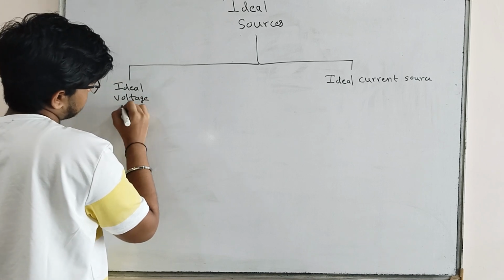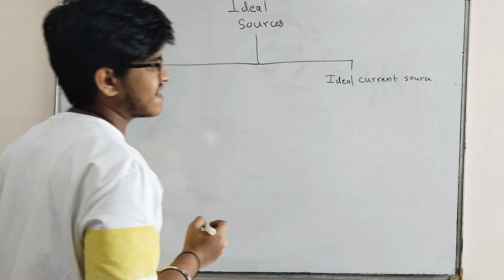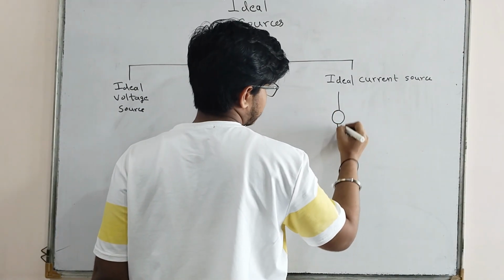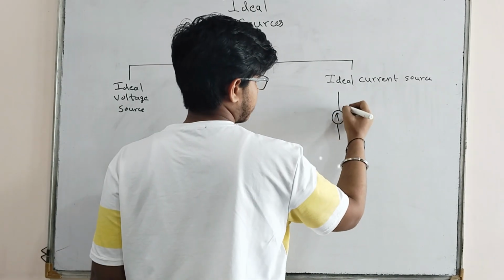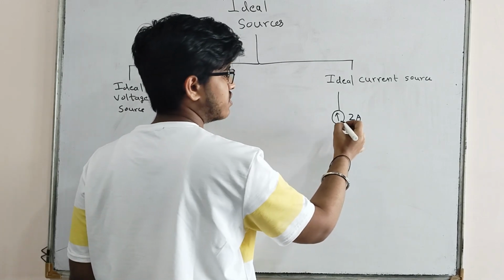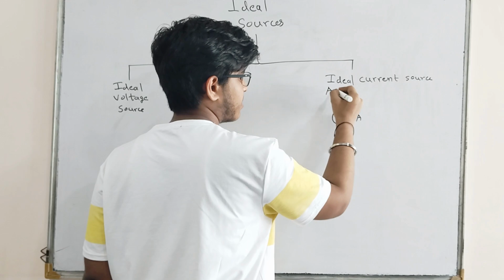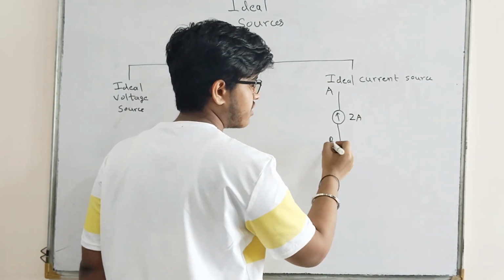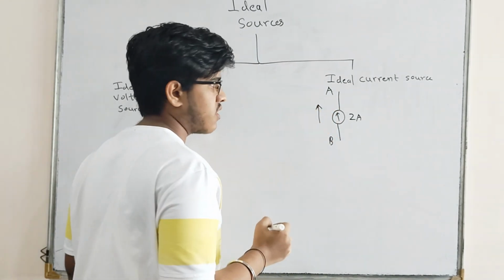So ideal current source is denoted by this symbol in a circuit, where this is my direction of current. Let it be 2 ampere. This is the magnitude. So now current will flow from this to this. Let us name it A, and this is my B. So current will flow from B to A. This is its direction.